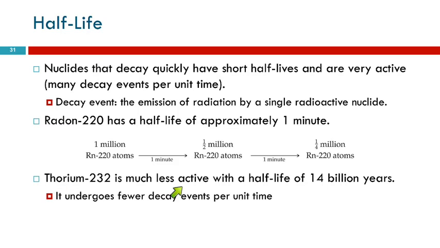Thorium-232 is much less active. It's got a half-life of 14 billion years. So it has many, many fewer decay events per unit time. If you started with 1,000,000 thorium-232 atoms, it would take 14 billion years for it to decay down to 500,000.